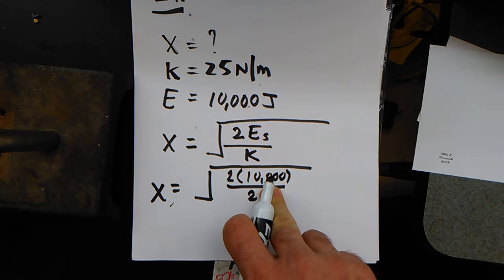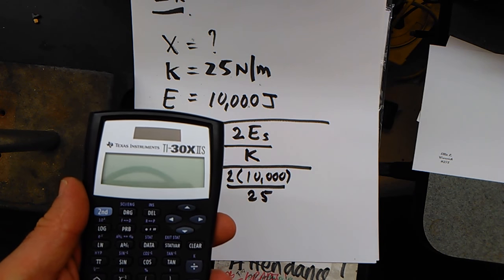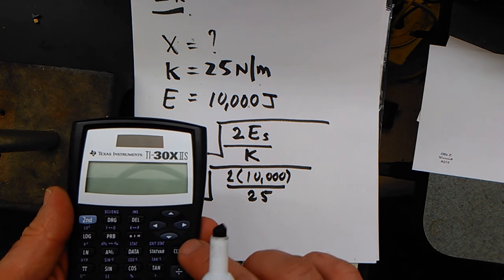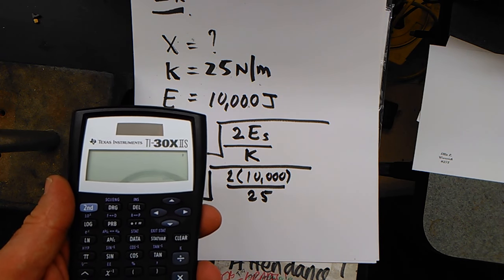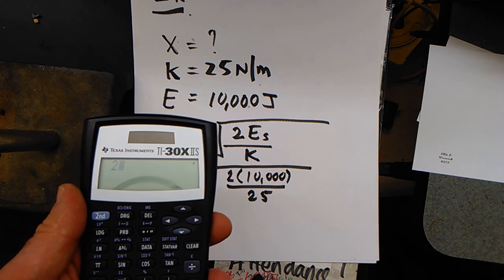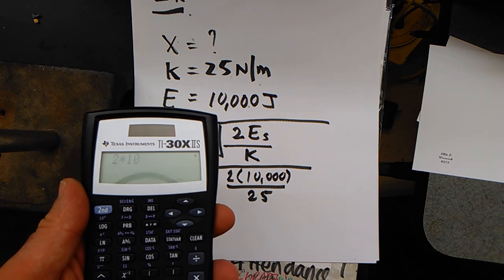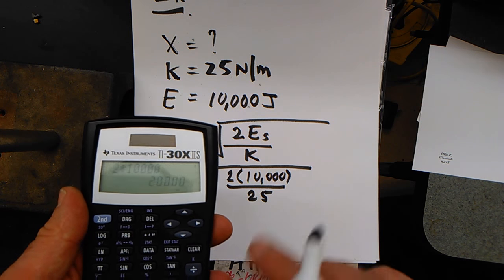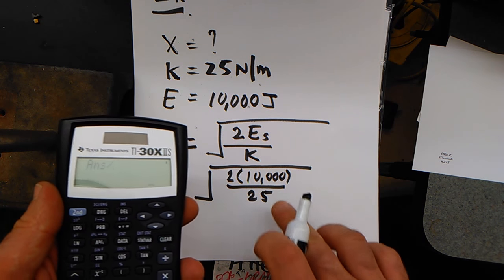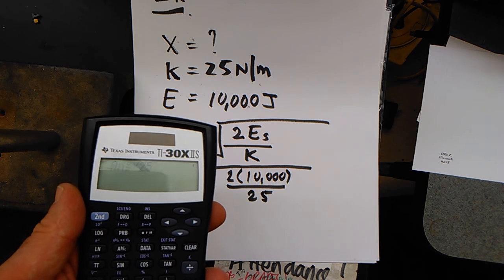So I'm going to do this math under here with a calculator. 2 times 10,000, I shouldn't need a calculator for that, but 20,000 divided by 25.